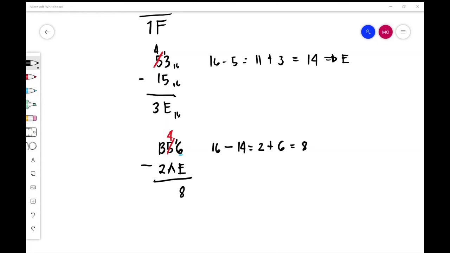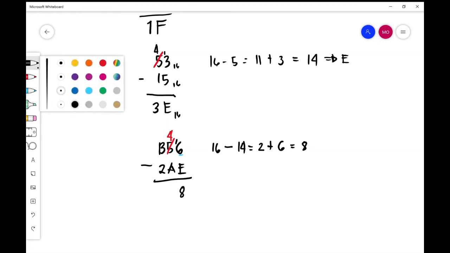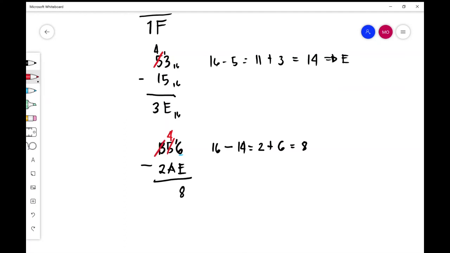We proceed. 4 minus A, let me rewrite this, that's A, cannot be. So we're going to borrow from B, and this becomes A. Remember that A plus 1 is equal to B. Okay. This now becomes 14. That 14 can be expanded as 16 minus A, which is 10, is equal to 6.